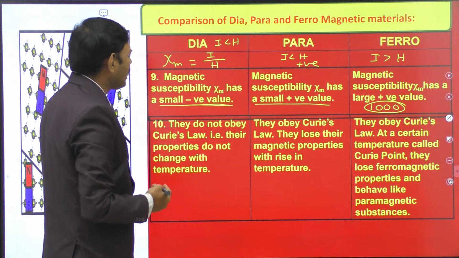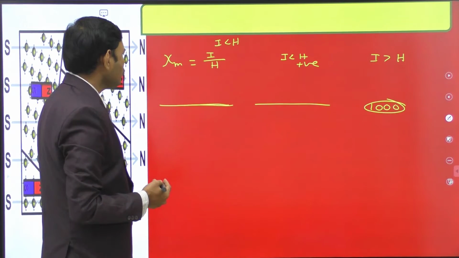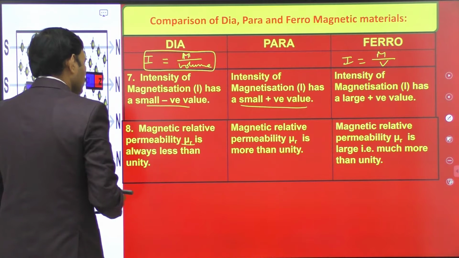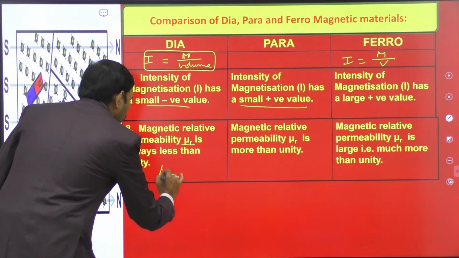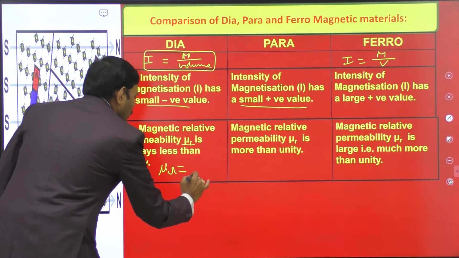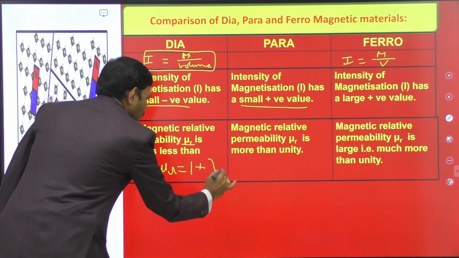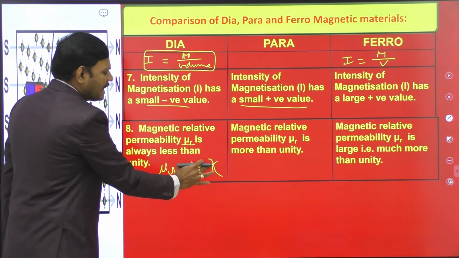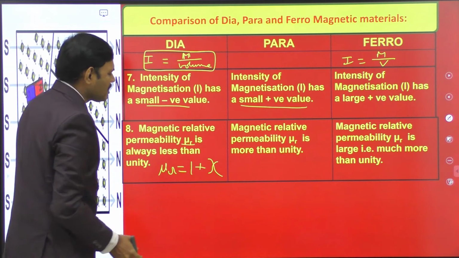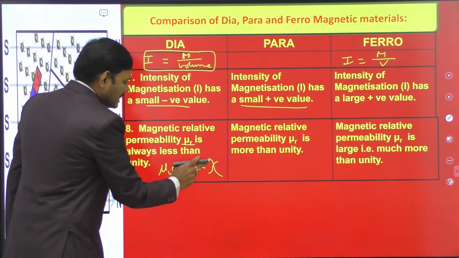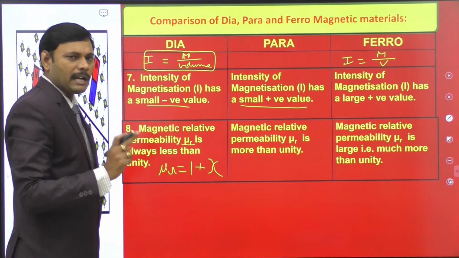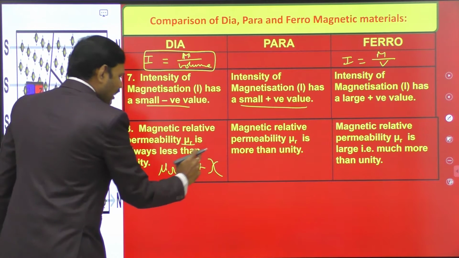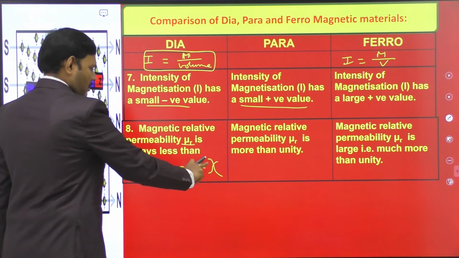So let us move on to the relative permeability now. Relative permeability, mu r, is equal to 1 plus Xi. We have this relation. I already explained very clearly that for diamagnetic substances the Xi value is a negative decimal.